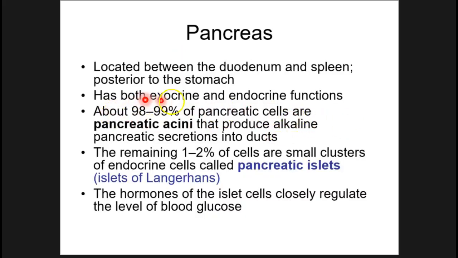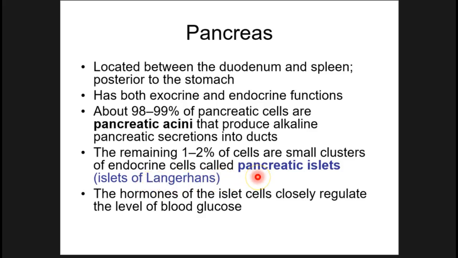So most of the pancreas is pancreatic acini. This is a histological characterization of the form of those exocrine cells. And we'll worry about those when we get to digestive. Today we're worrying about the histological feature known as the pancreatic islets. And if you're old school like I am, they're called islets of Langerhans.